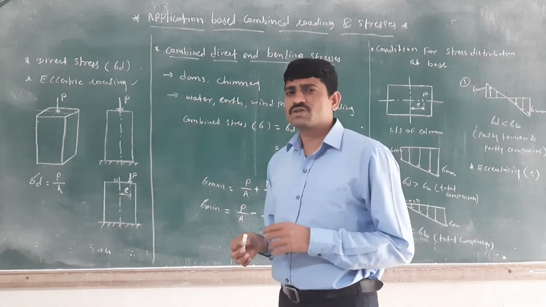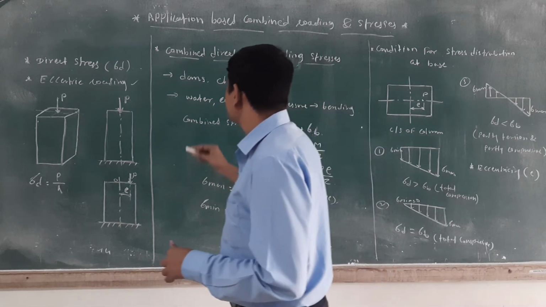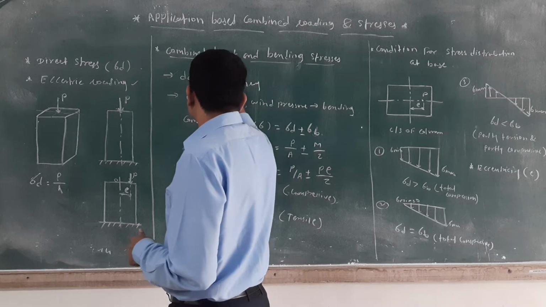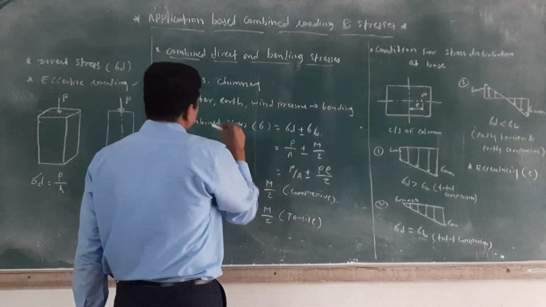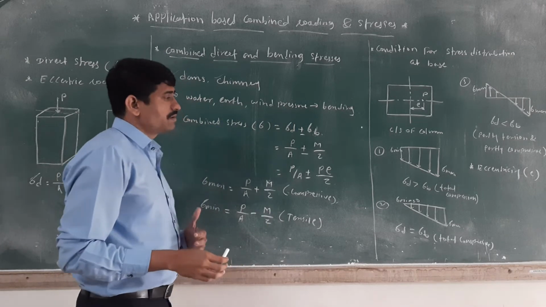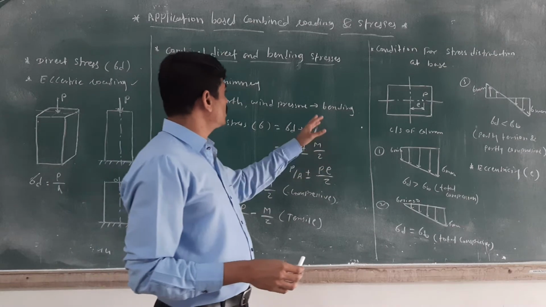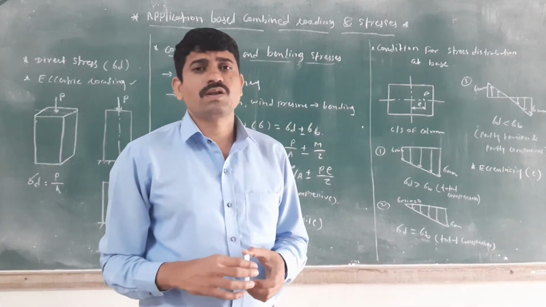Where is the application of the combined direct and bending stresses? We have seen different types of dams, and chimneys. When water flows on the earth, and wind pressure is there, wind moving on the earth, then we get bending stresses in the column.